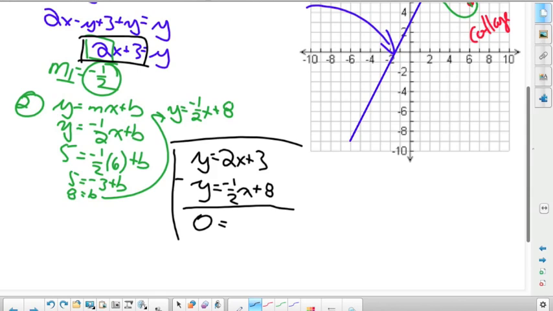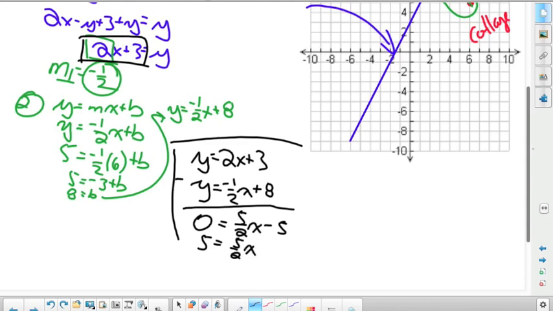2x minus negative 1/2 x, so it's really 2 plus 1/2 x, gives me 5/2 x. And then 3 minus 8 gives me negative 5. So now I'm solving for that. I'm going to add 5 to both sides, so I get 5 is equal to 5 over 2 x.